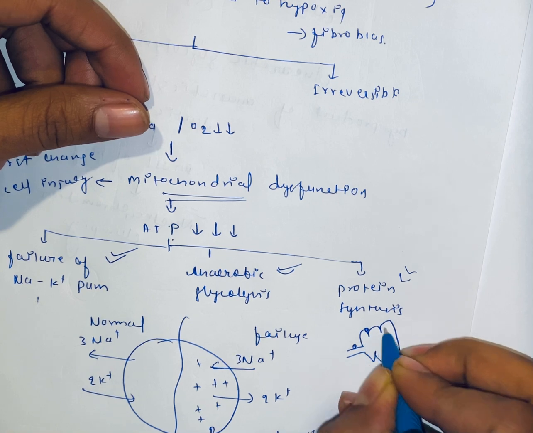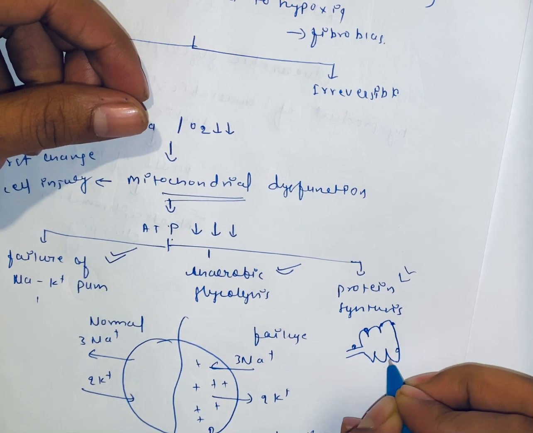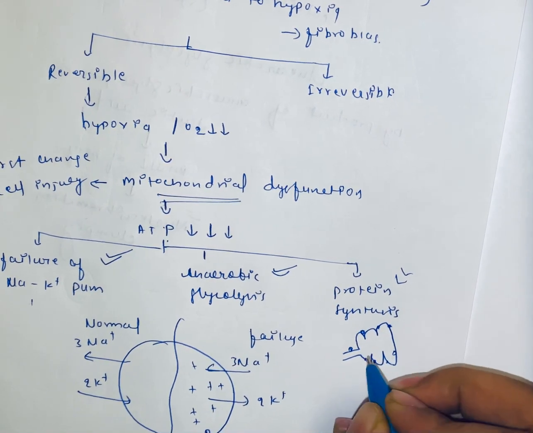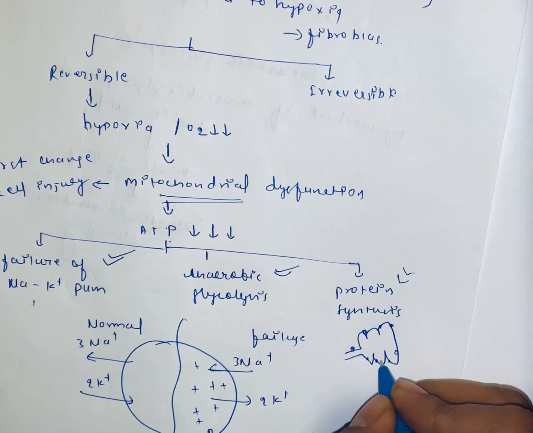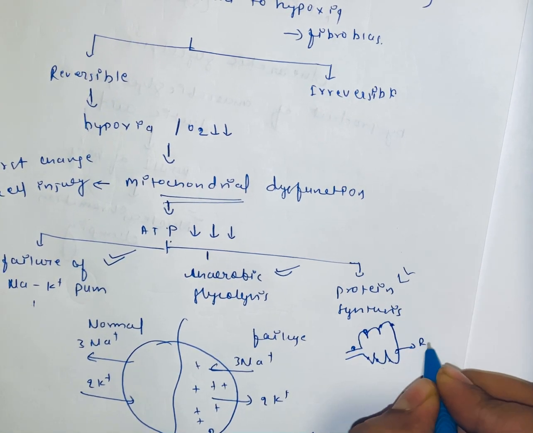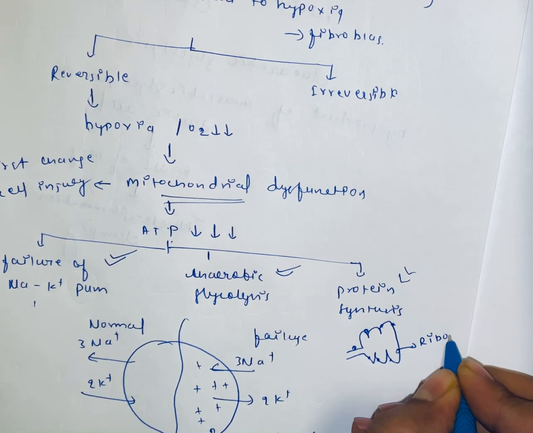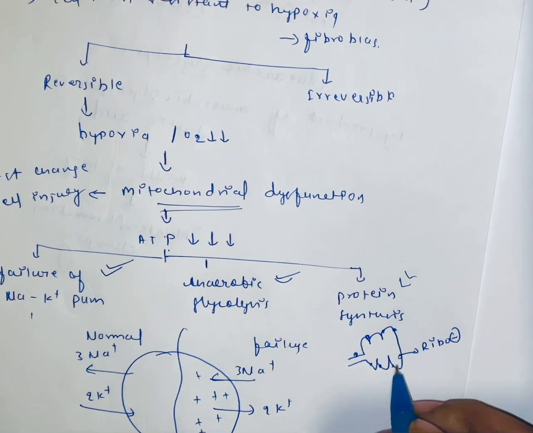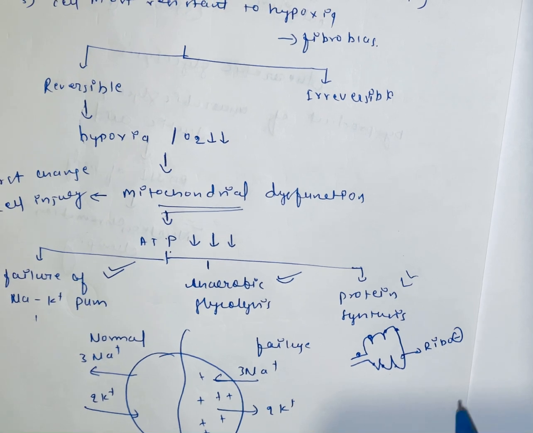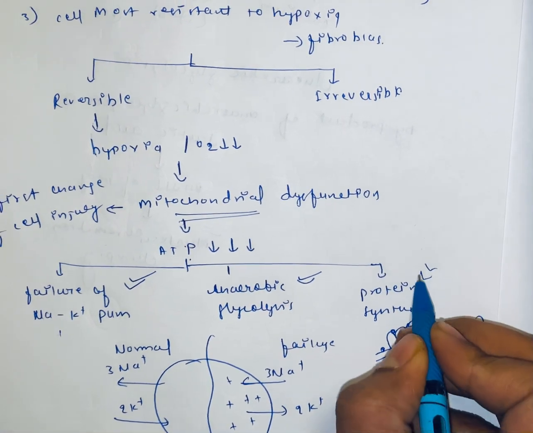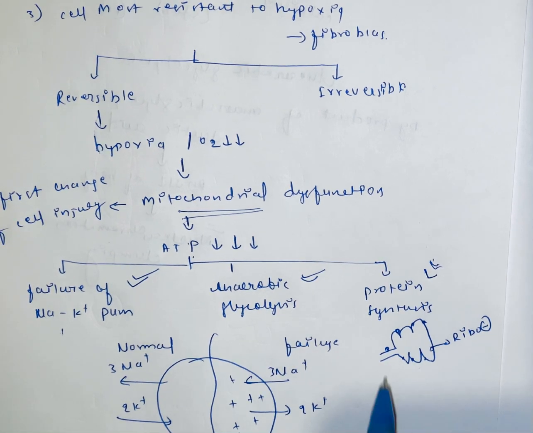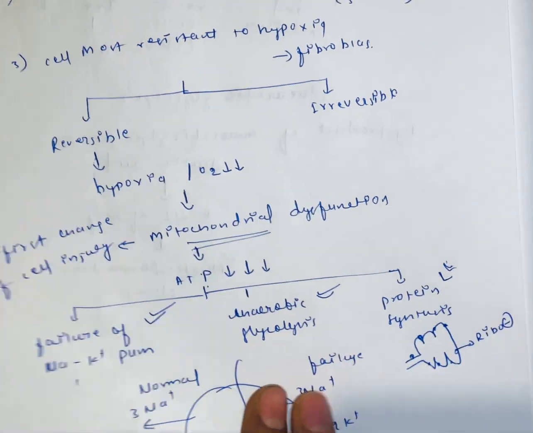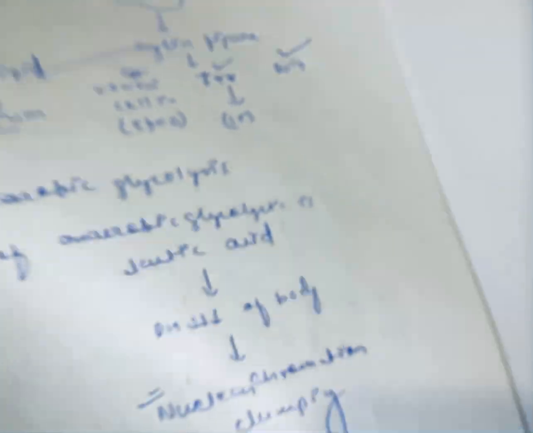When there is less ATP production, ribosomes shed off from the endoplasmic reticulum. If degranulation of ribosomes occurs and there are no ribosomes, then protein synthesis will not happen. So it causes decrease in protein synthesis also. This is all about reversible cell injury.